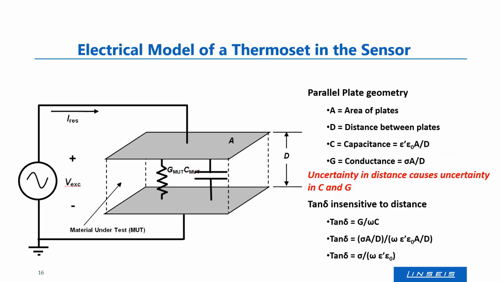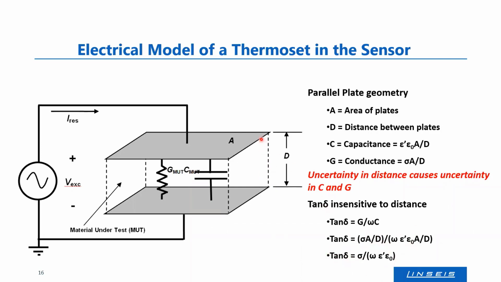For that reason, if such a setup with parallel plates is used in dielectrical analysis, then the delta is used, that is the phase angle between the excitation voltage and the resulting current. There is a phase shift between these two measures, and this phase angle is called delta, and the tangent delta, when you look at these equations here, the A/D ratio and the distance cancel out.